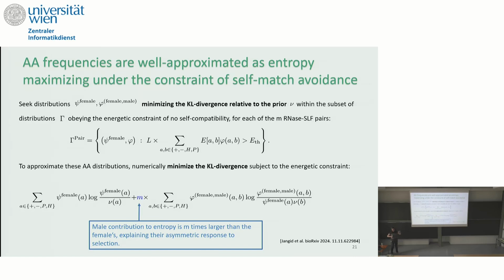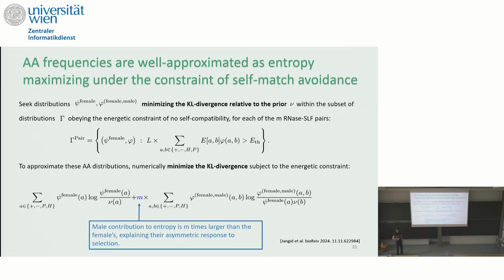Psi is the marginal distribution of the female, and phi is the joint distribution of the male and the female, such that they obey this constraint. And then we want to minimize their Kullback-Leibler divergence relative to the prior, and then playing a bit with the expression, we can translate this to pair distributions. And what we have to do now to calculate it is numerically minimize this expression subject to this constraint.